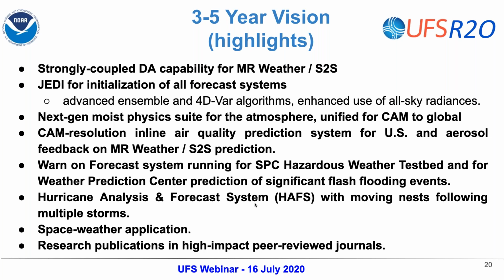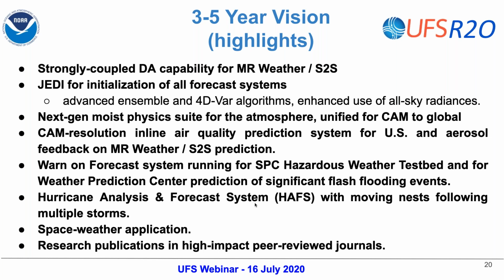unified for both convective allowing all the way up to global scales. We will have inline air quality capability for the United States, aerosol feedbacks on the medium range weather and S2S prediction. There will be a warn-on-forecast capability running for the Storm Prediction Center's hazardous weather test bed event, as well as for Weather Prediction Center's prediction of significant events like flash floods.